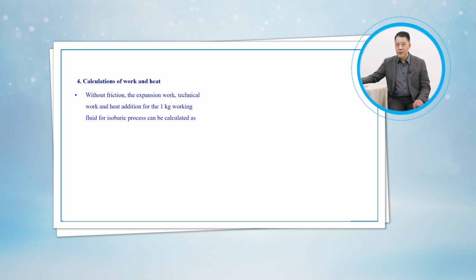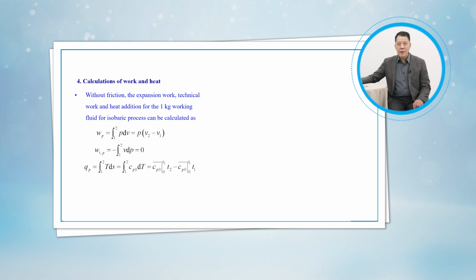Fourthly, the calculations of work and heat. Without friction, the expansion work, the technical work, and the heat addition for 1 kilogram of working fluid for an isobaric process can be calculated as, where the properties such as enthalpies and specific volumes can also be obtained from property tables.